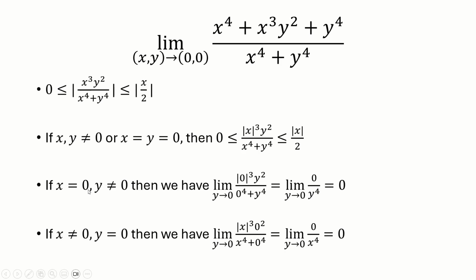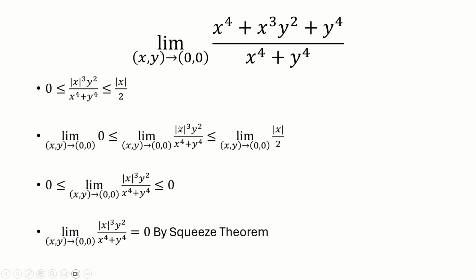If x is 0 and y is not 0, that means that we could just plug in x as 0, and we're left with 0 times y^2 over y^4, which is just 0 over y^4, and the limit is 0. If x is not 0 but y is 0, then replace y with 0, and we have 0 times x^3, which is 0, over x^4. It's still 0.